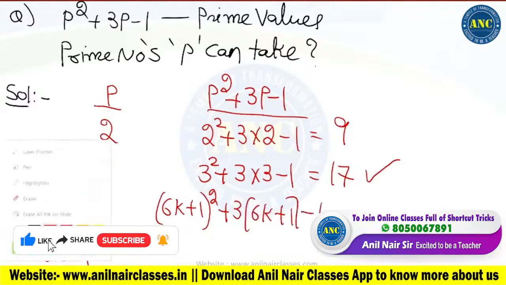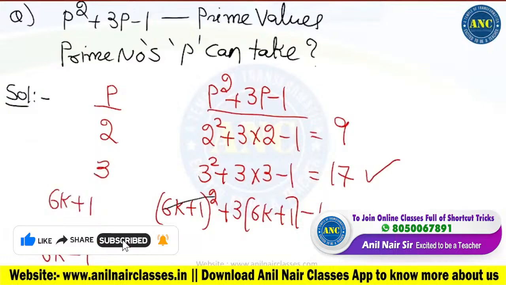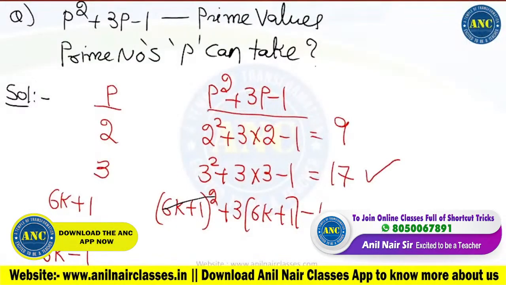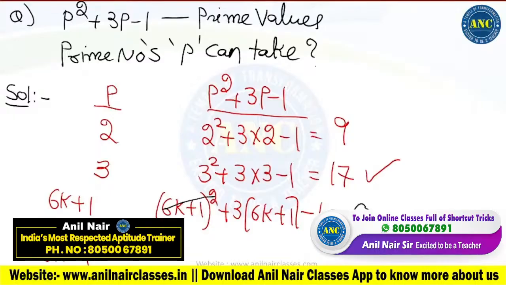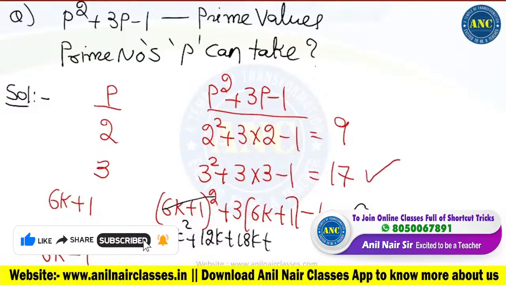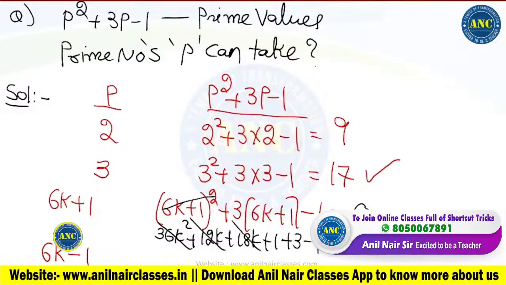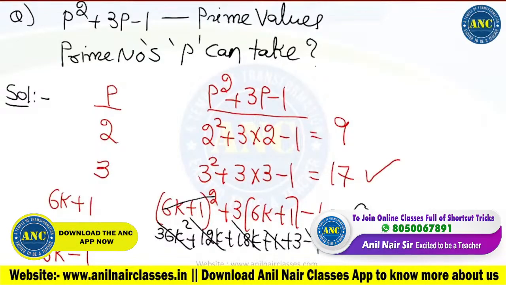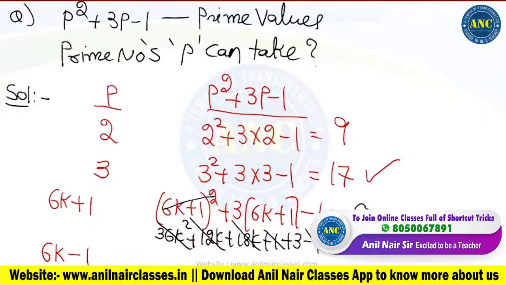Opening it: 36k square plus 12k plus 18k plus 1 plus 3 minus 1. 36k square is divisible by 3, 12k is divisible by 3, 18k is divisible by 3. 1 minus 1 cancels, and 3 is divisible by 3.